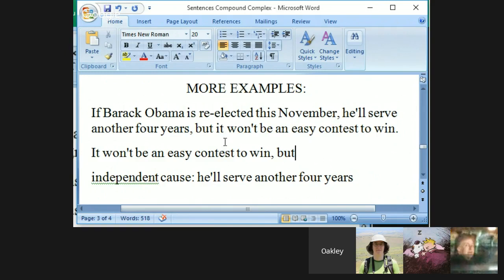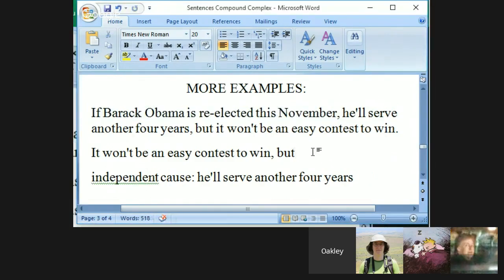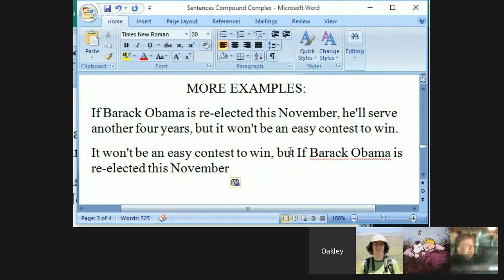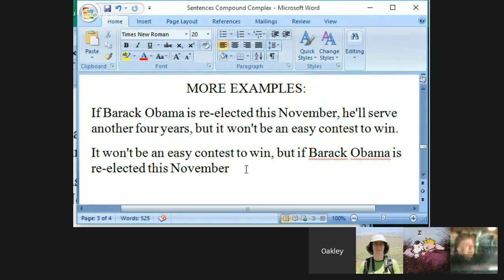But... okay, now let's just copy this one here. But if... reelected this November, he'll serve... comma again, and just copy this and plug it in here.